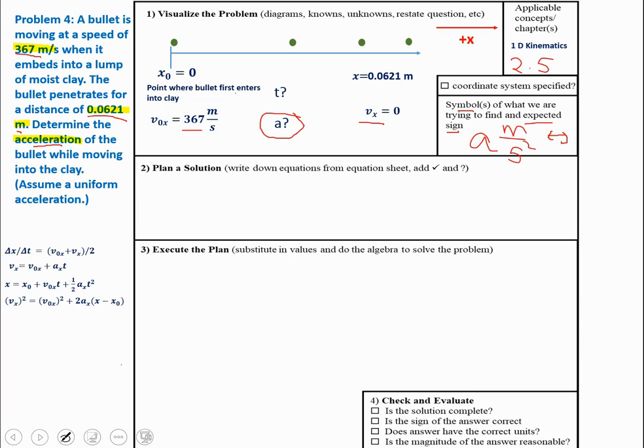Now let's plan our solution. You can see these are the 4 equations in your equation sheet, or in the module 2 notes. Let's look at each one of them. The first one: we are trying to solve for the acceleration, so do we see acceleration in this equation? No, acceleration is actually missing, so there's no point in using that equation.